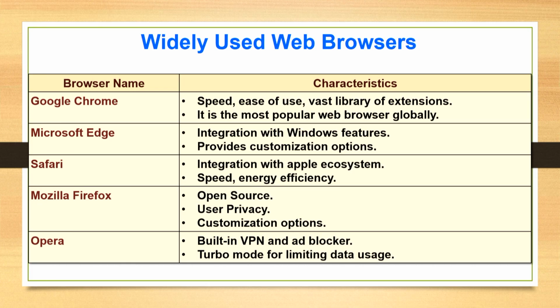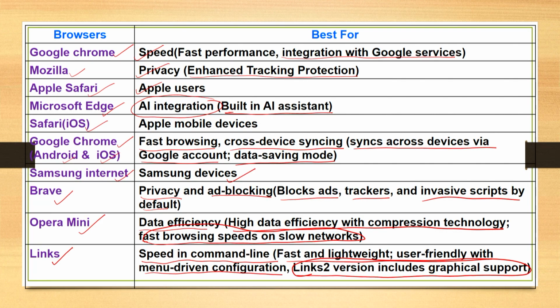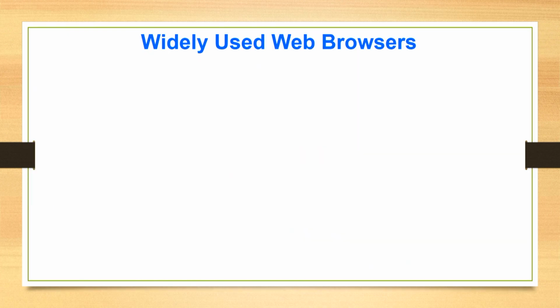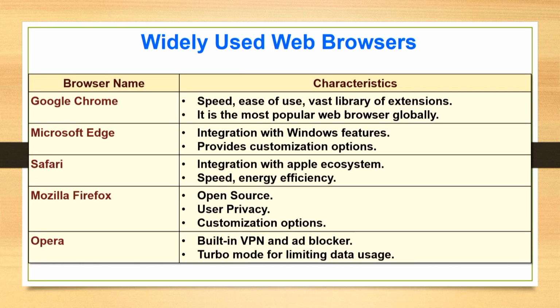In the previous slide, I discussed only which browser is suitable for what conditions, or which browser you prefer for speed, privacy or AI, or for a particular type of Apple users or data efficiency. Next, I will discuss the main features of these widely used web browsers.